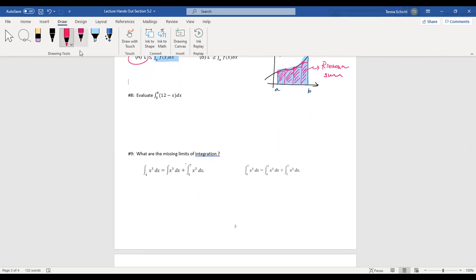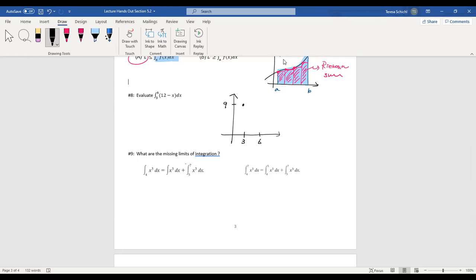All right, for these ones, they say let's evaluate the integral from 3 to 6 of 12 minus x. Okay, so we have not learned any integration skill yet, right? So let's take a look. From 3 to 6, when x equals 3, what is the y? y is 9, right?